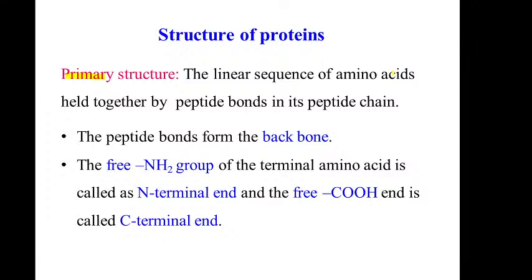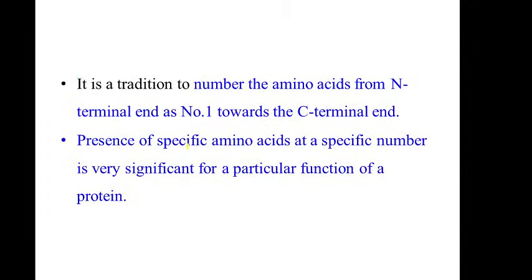The linear structure of amino acids held together by the peptide bonds in its peptide chain. So the peptide bond forms the backbone. The free NH2 group of the terminal amino acid is known as N-terminal and the free COOH is known as the C-terminal. So where we have the NH2 group attached, it is known as the N-terminal, and where we have the COOH group attached, it is known as the C-terminal.